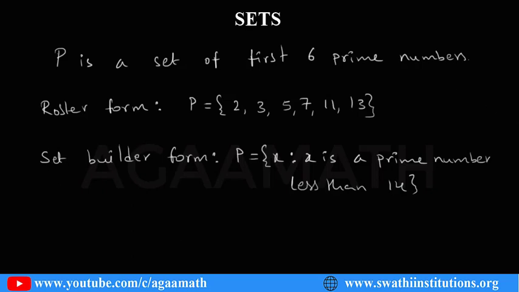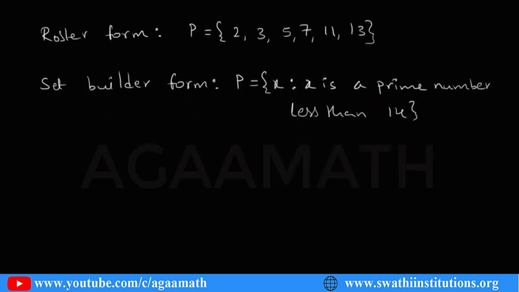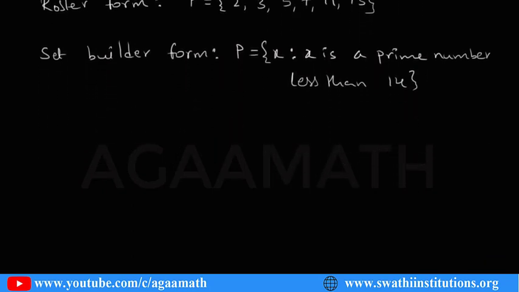Now let me take one more example. Directly I write it in the roster form: set C equals 6, 12, 18, 24.